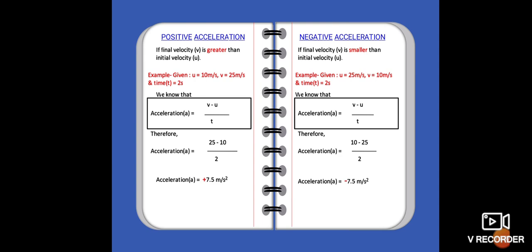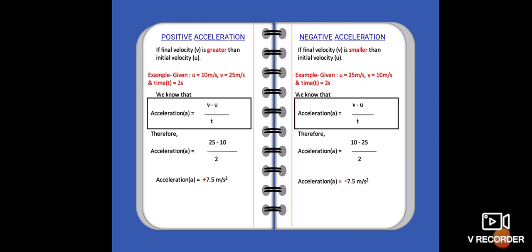Think about that. In positive acceleration, we have final velocity greater than initial velocity, and in negative acceleration, we have final velocity v smaller than initial velocity. What about zero acceleration? Exactly.